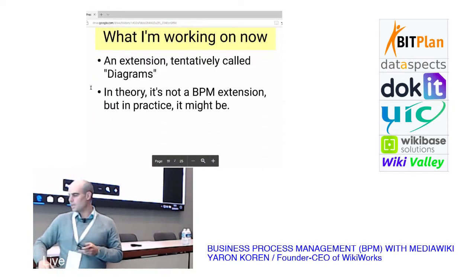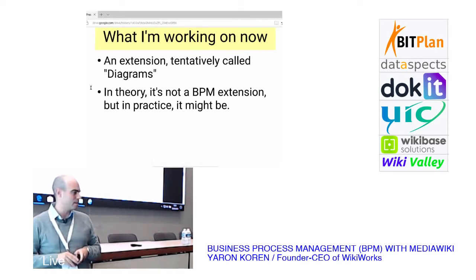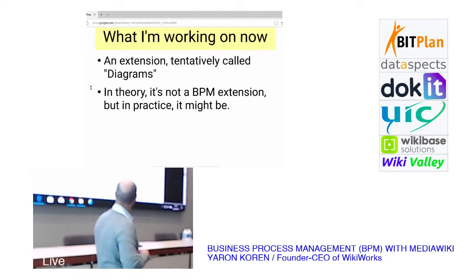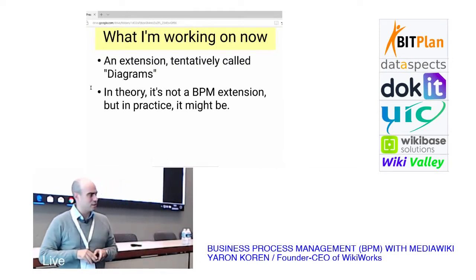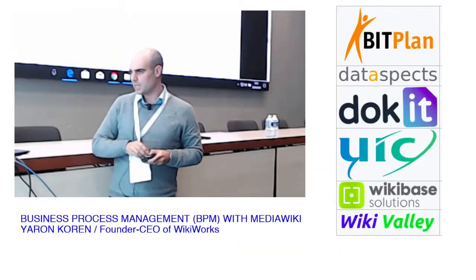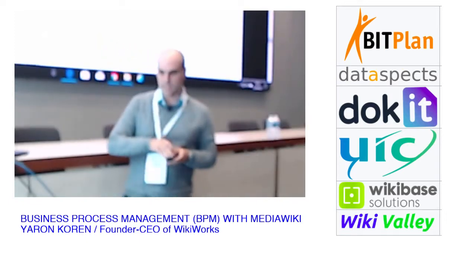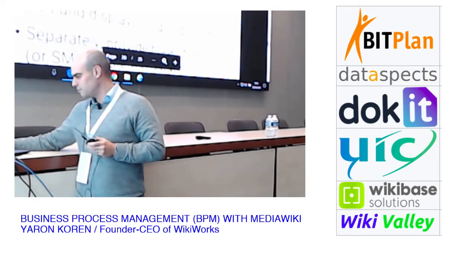So I'm working on an extension tentatively called Diagrams. It's not a great name. It's a little too generic. I'll probably change it. In theory, it's not a BPM extension because it supports any diagram. In practice, it might be, because those are the kinds of diagrams that make sense to store in a wiki.